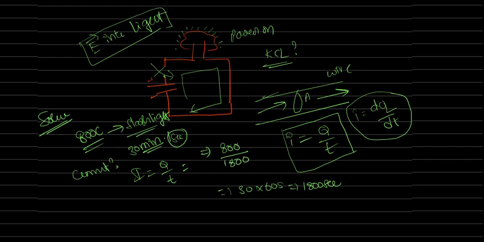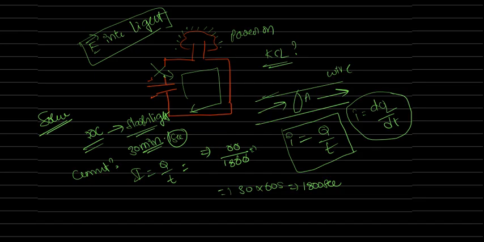I'm just rearranging the numbers for better calculation, so keep it 900 coulombs, which will be easier to calculate.